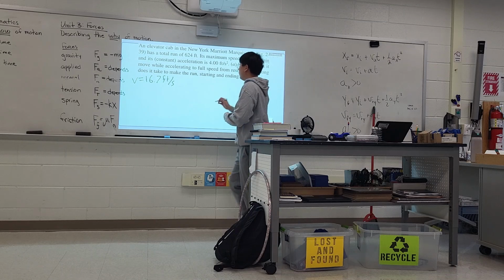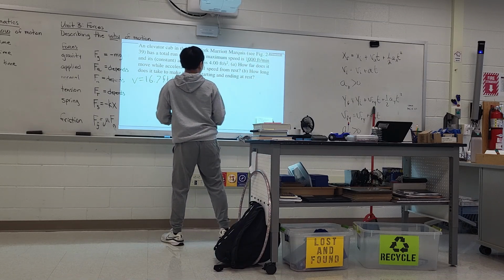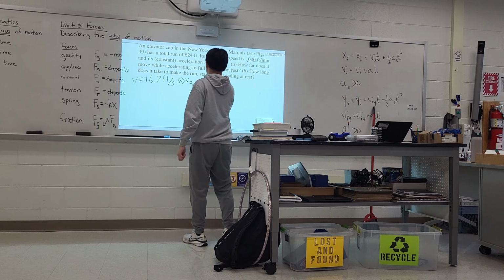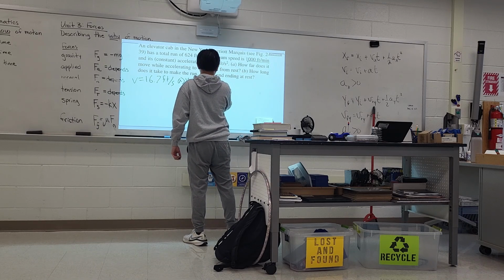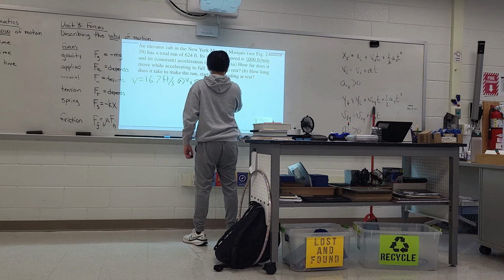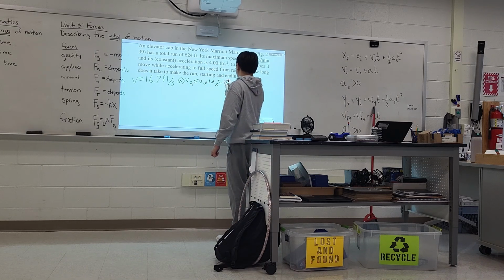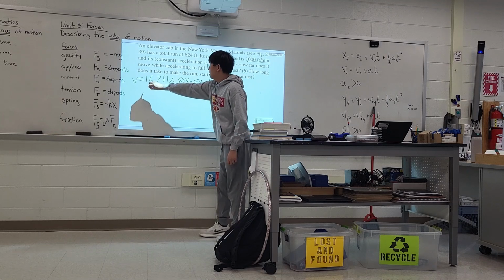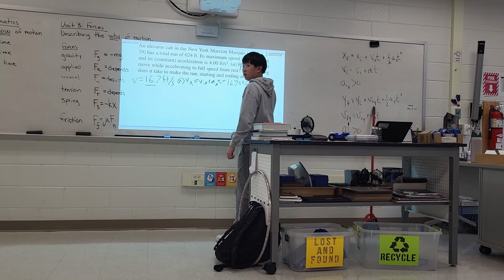We're looking for what the velocity in the x direction is, or y. And we know that from the uniformly accelerated equation, velocity x equals initial velocity x plus a_x t, and this should equal 16.7 feet per second.